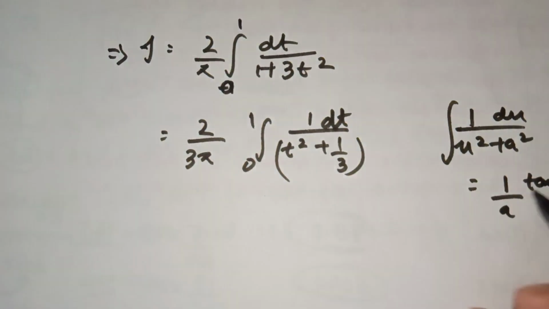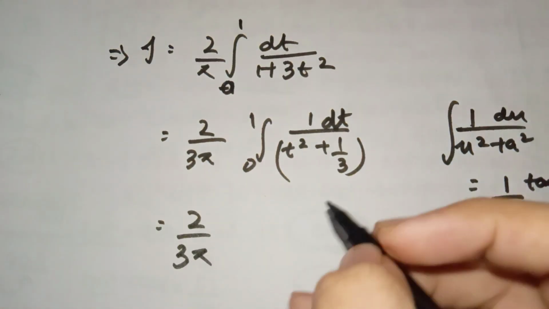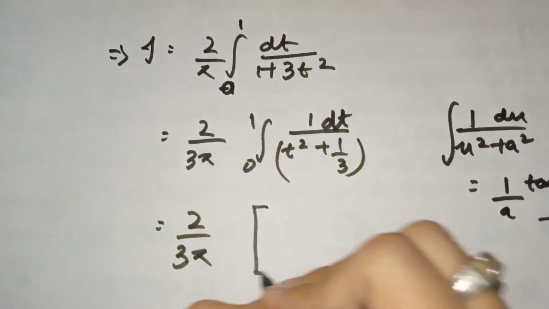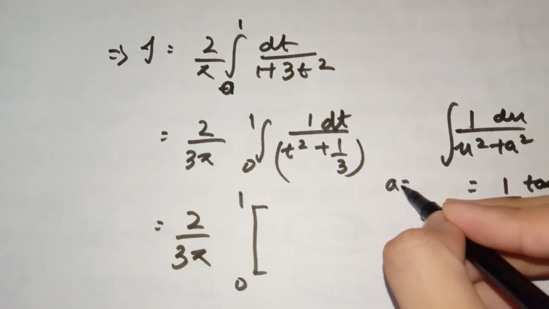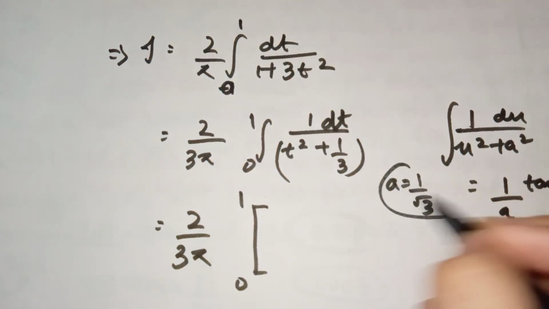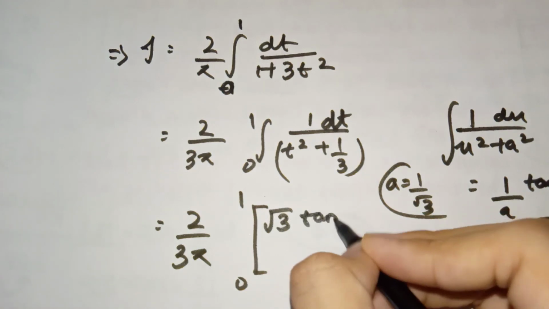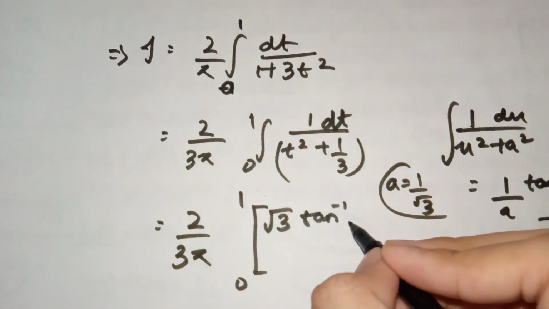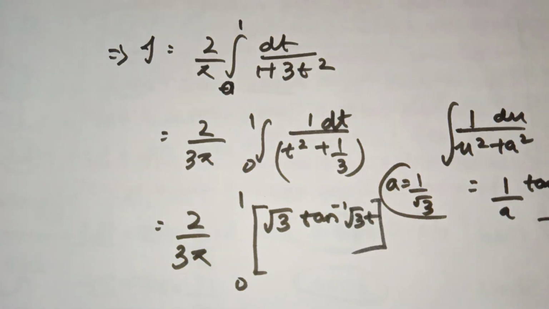So using this formula, 2 by 3 pi, 0 to 1, and the formula is 1 by a. Our a here is equal to 1 by root 3, right? So using it here, root 3 tan inverse root 3 t, right?